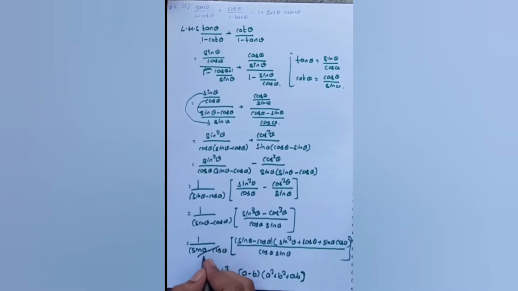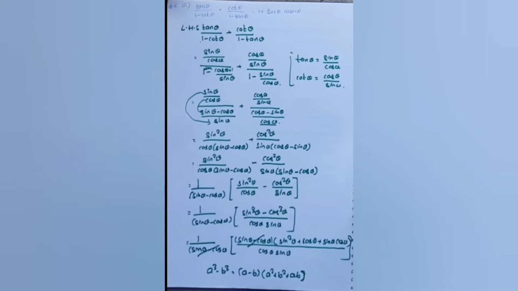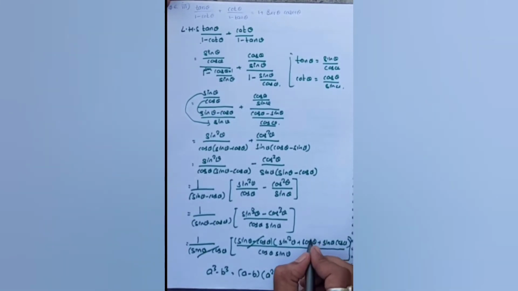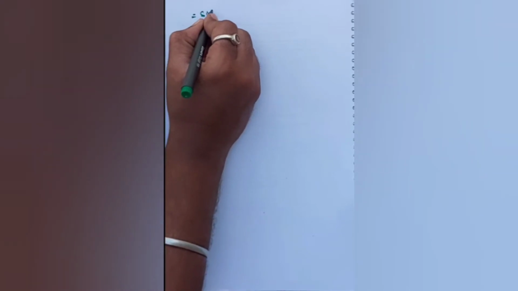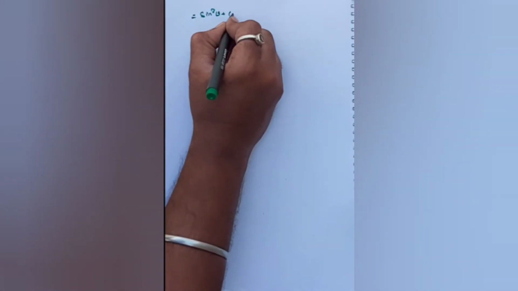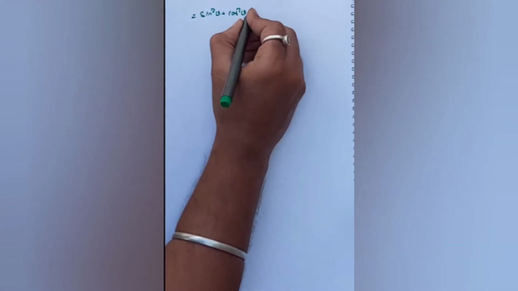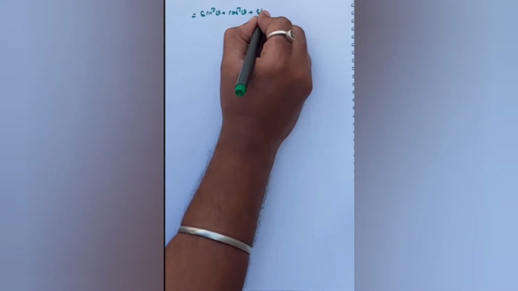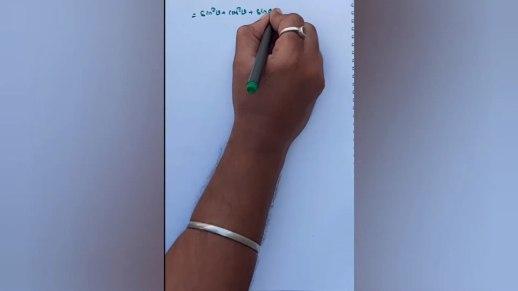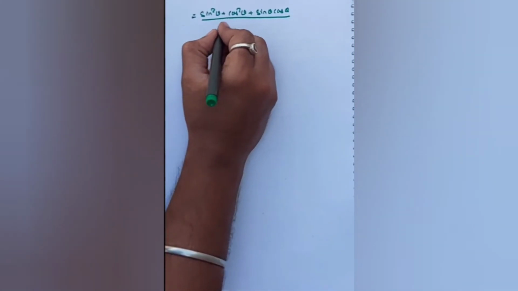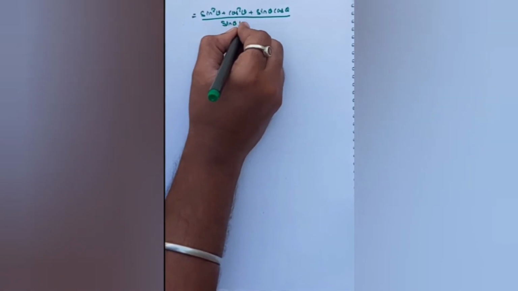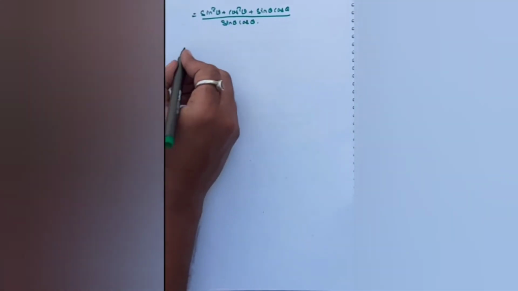So now here sin theta cos theta get cancelled. So the remaining term is sin square theta plus cos square theta plus sin theta into cos theta, divided by sin theta into cos theta.